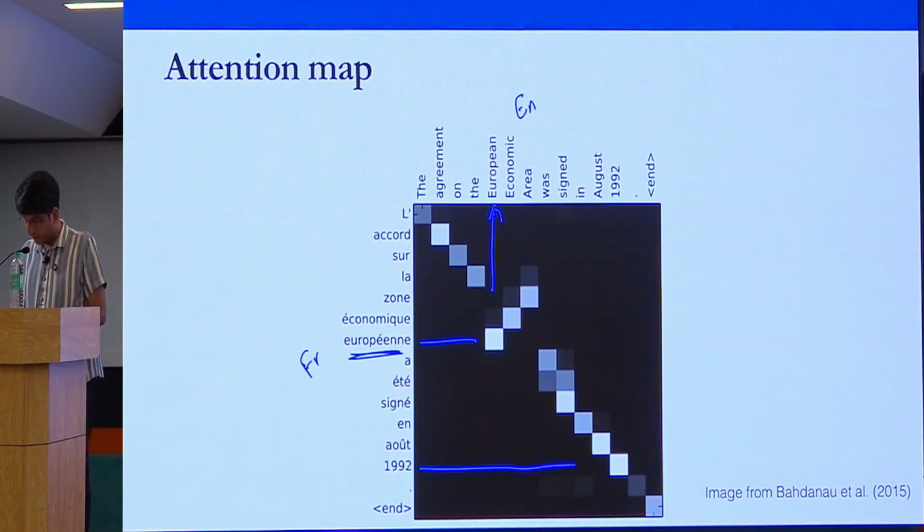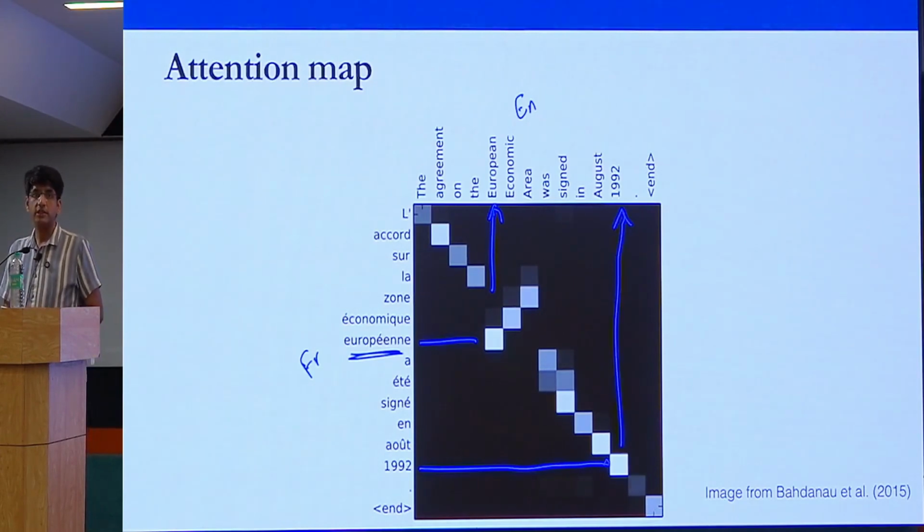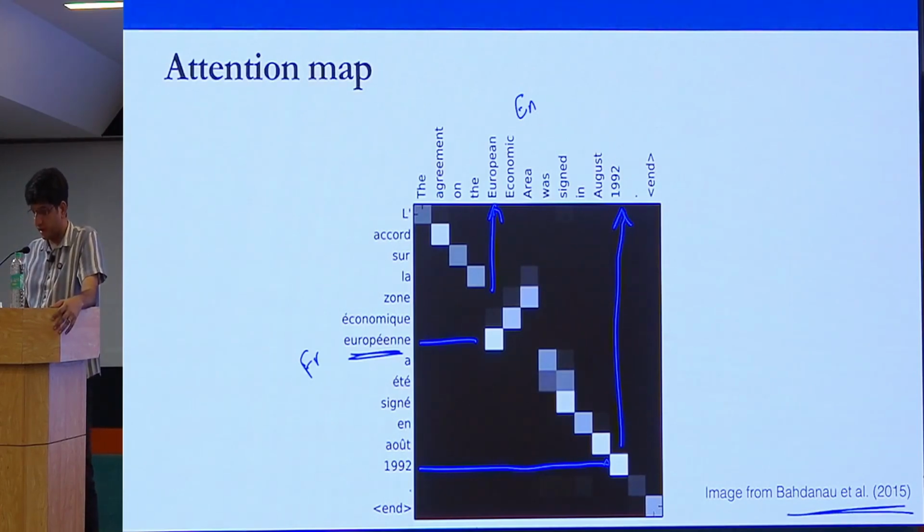Similarly, for 1992, the model has directly picked 1992. Whereas in the older scheme of things, to correctly predict 1992, the model would have to relay this signal all the way from the encoder end state to the decoder first state, and it goes sequentially. Now it can attend to 1992 directly, and this is very useful because it can directly copy, let's say, dates and so on. This is the paper where this picture and the attention mechanism comes from.